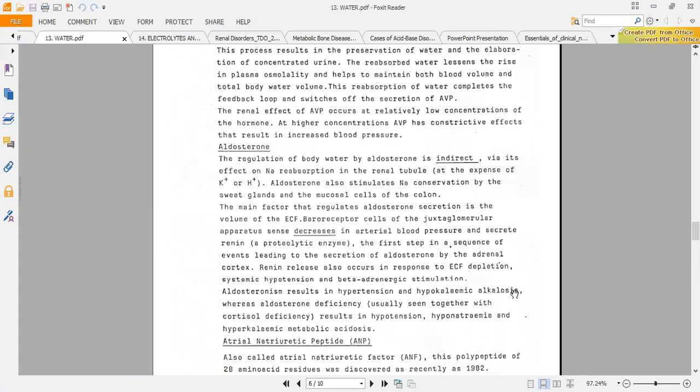So the person will get what is called hyperkalemic metabolic acidosis, okay? Good. But the person will have hypotension and hyponatremia. So if you understand this small concept, you'll be able to answer most of the questions on water regulation, okay?